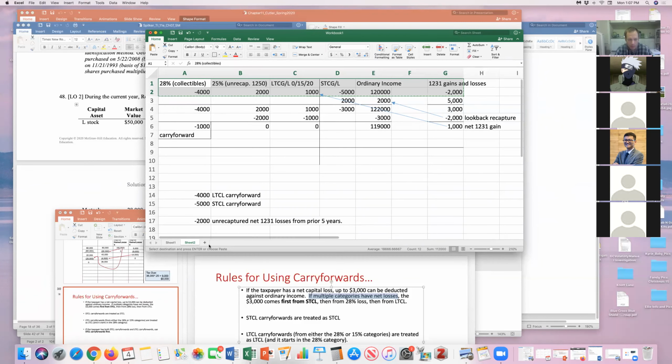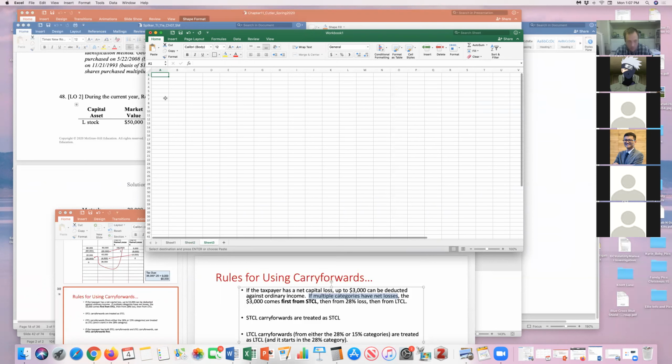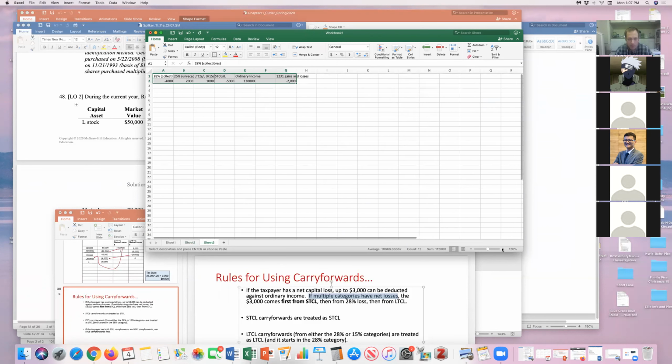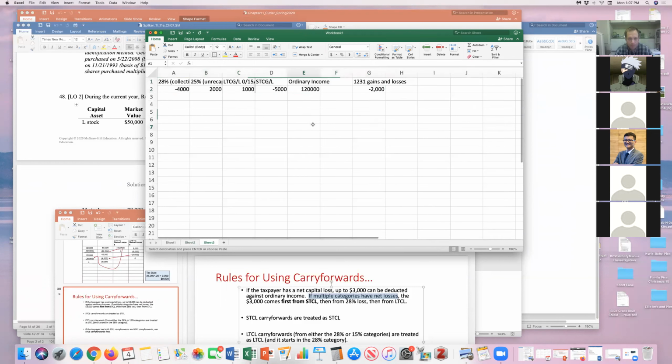Let me try a slight variation on it. We can just see one more thing. What if that was a gain and this was a loss, right, from selling stocks or something?